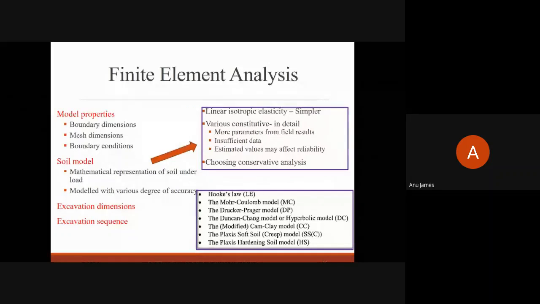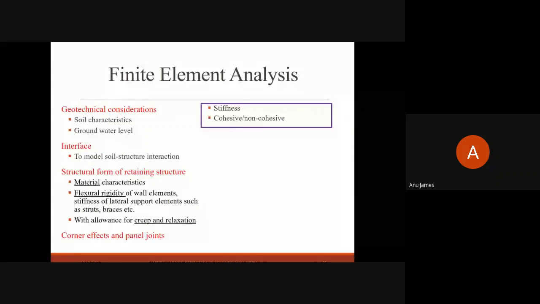Next are the geotechnical considerations. This includes the soil properties and the groundwater characteristics. While we consider the soil properties, proper judgment should be given regarding the nature of the soil. Drained and undrained conditions should be clearly specified. The stiffness of the soil, which we give in terms of the modulus of elasticity, should be proper.